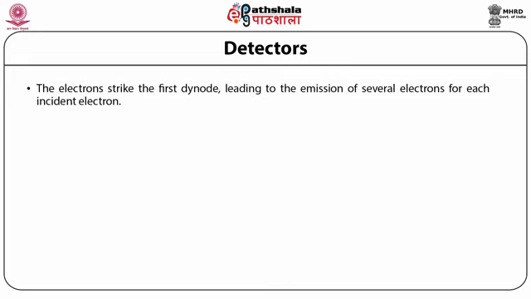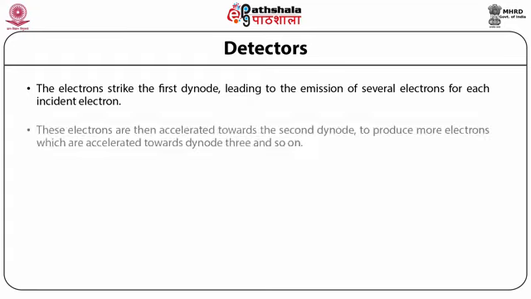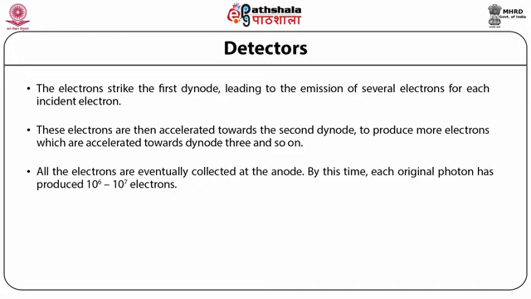The electrons strike the first dynode, leading to the emission of several electrons for each incident electron. These electrons are then accelerated towards the second dynode to produce more electrons, which are accelerated towards dynode 3 and so on. All the electrons are eventually collected at the anode.